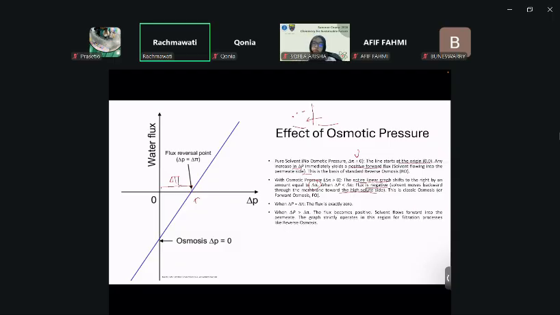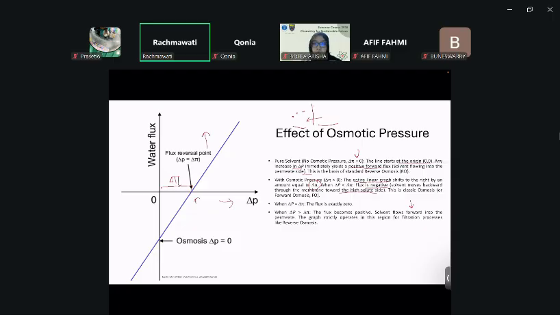Now, what happens if you apply higher pressure? So you increase the pressure. Based on this graph, the flux will become positive. When delta P is higher, the water flux becomes positive. It means that the solvent will flow into the permeate, which is the one that we want.